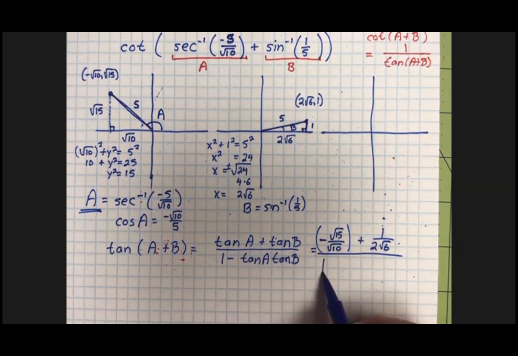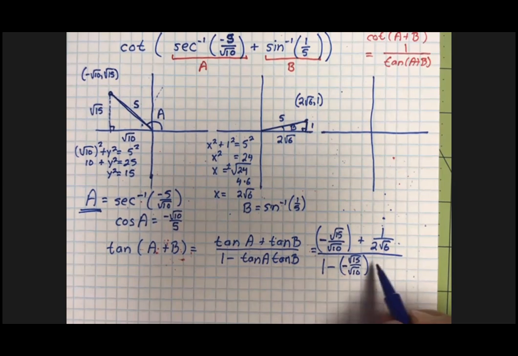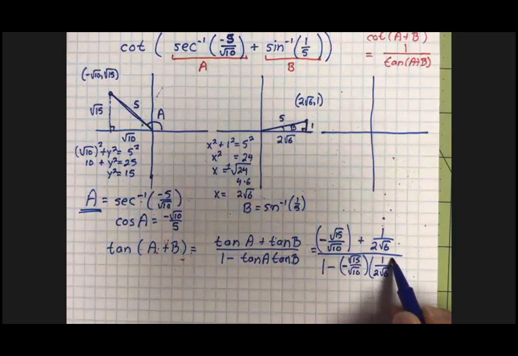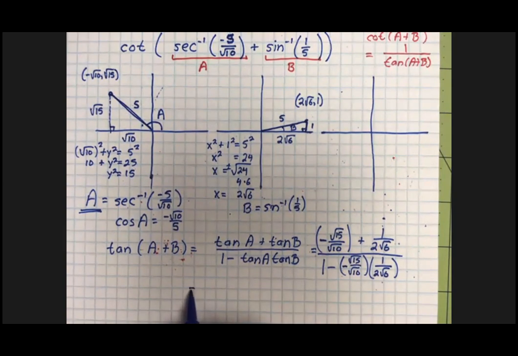Now I'll do 1 minus. Repeat these numbers. √15 over √10 minus, so that'll turn into a plus, 1 over 2√6. Well, let's take stock of this, and then we'll decide what we have to do. Do I go for common denominators? Do I simplify things?